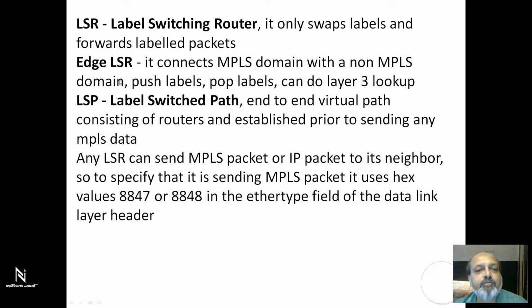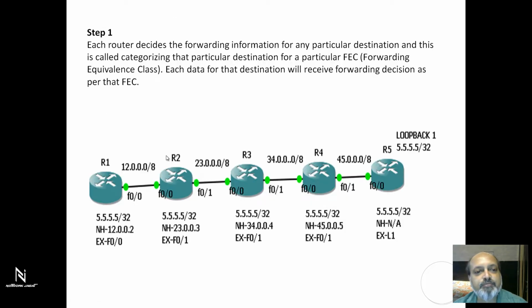Edge LSR connects the MPLS domain with a non-MPLS domain. They push labels, pop labels, and can do layer 3 lookups. LSP or label switched path is an end-to-end virtual path consisting of the routers, established prior to sending any MPLS data.